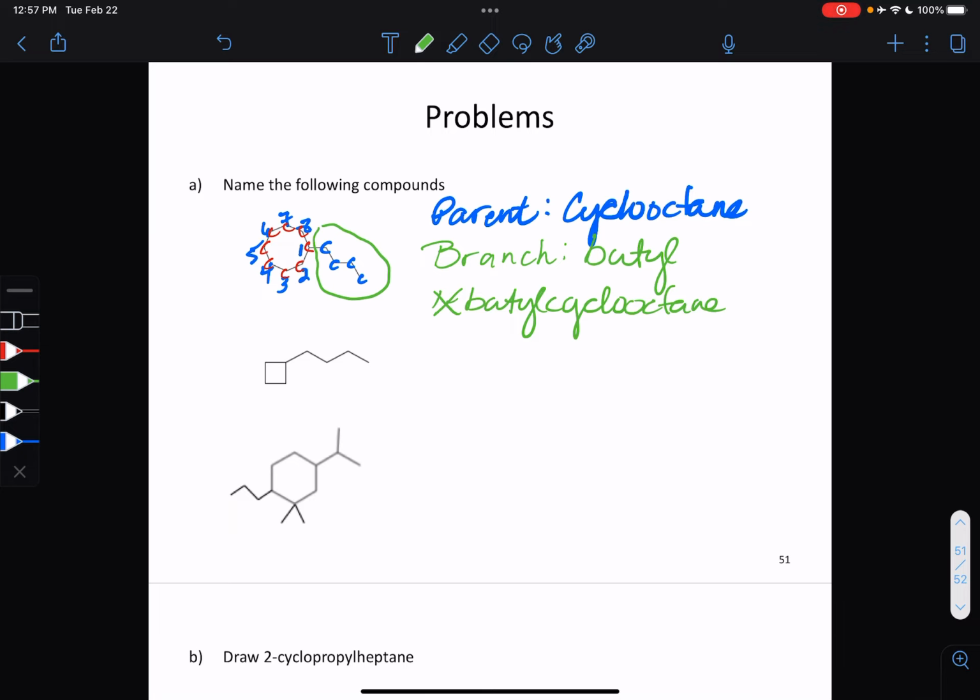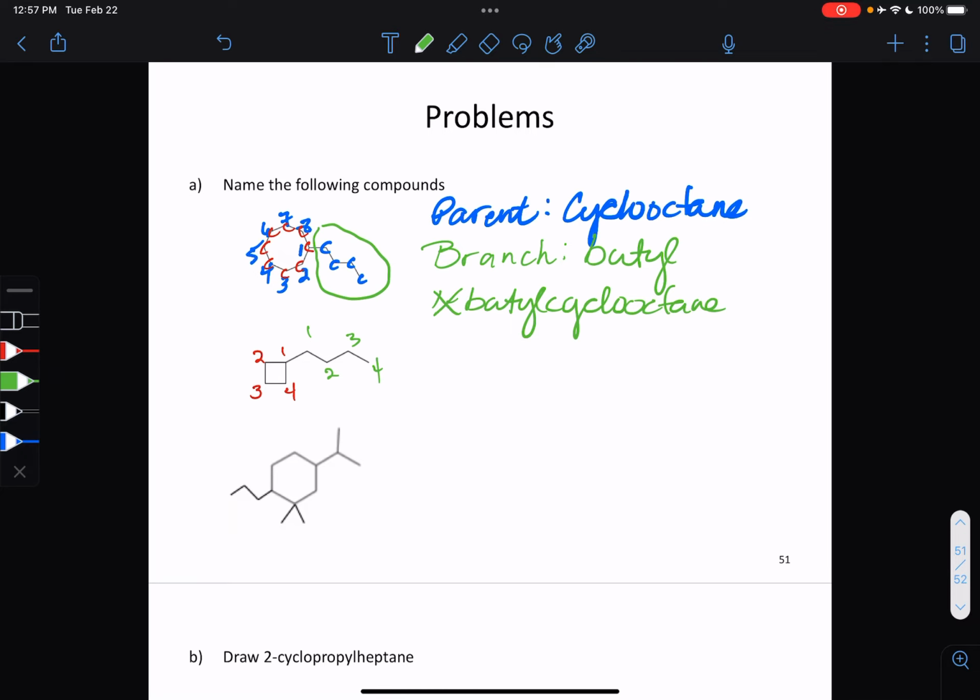Alrighty, moving on to the next one. So how many carbons do we have in the cyclic structure? We have 1, 2, 3, 4, and again, I could number the ring around the other way. So where the number 4 is right now, I could have made that number 2 and gone the other way. So I have 4 carbons in this ring. And in the straight chain, I've got 1, 2, 3, 4 carbons.